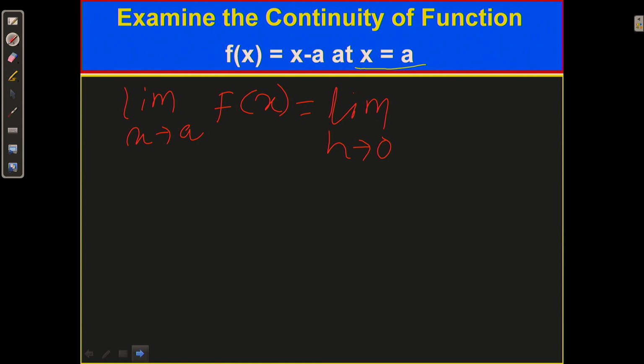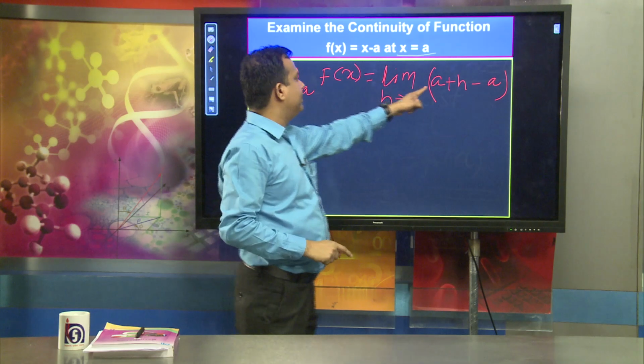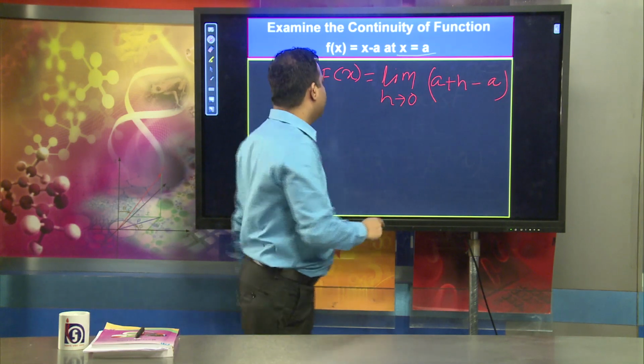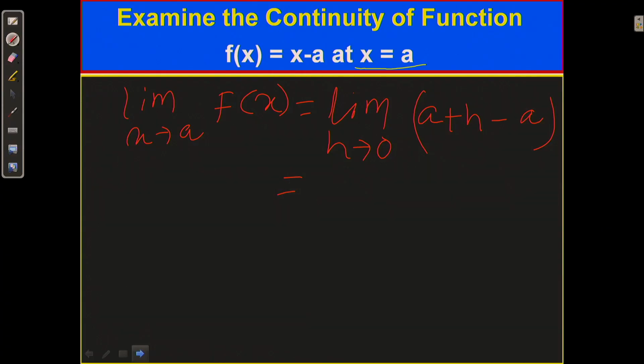I can write a plus h minus a, because in place of x I have written a plus h. Now, what will be the value? Limit h tends to 0, that a and minus a will be cancelled, that will be h which is equal to 0, because h tends to 0.